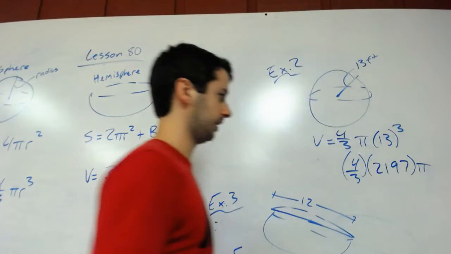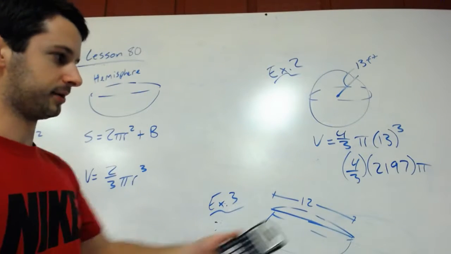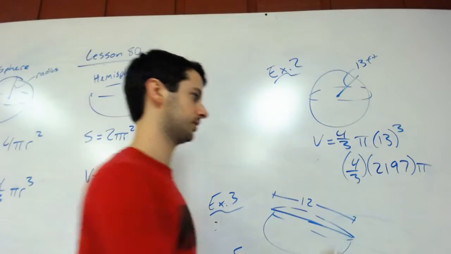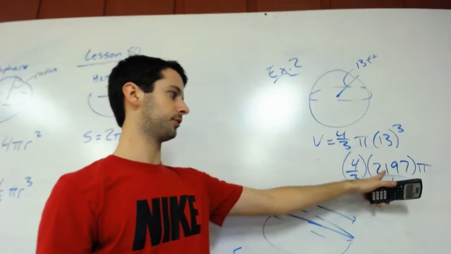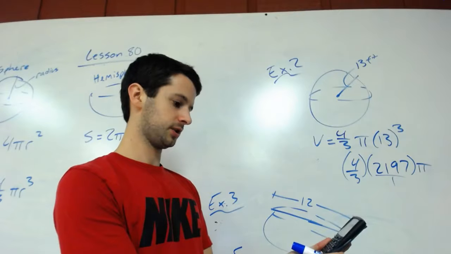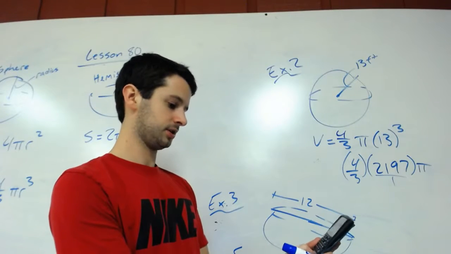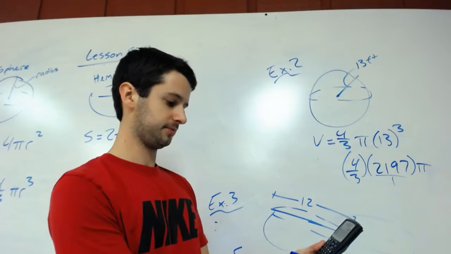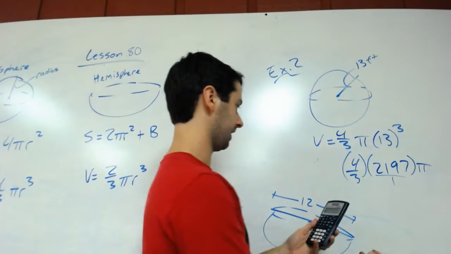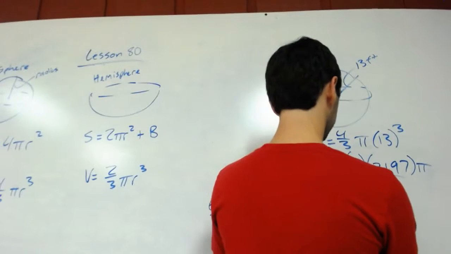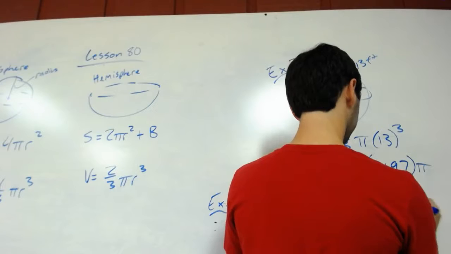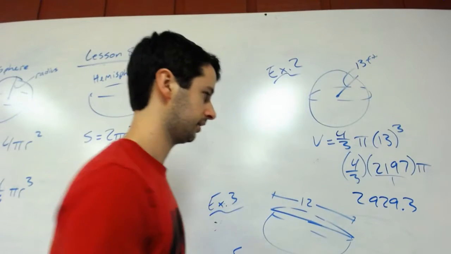Okay. Now, how I'm going to put this in my calculator is I'm going to imagine this is over 1, multiply the numerators, 2,197 times 4, and then divide that by 3. And that gives me roughly 2,929.3, repeating, pi.